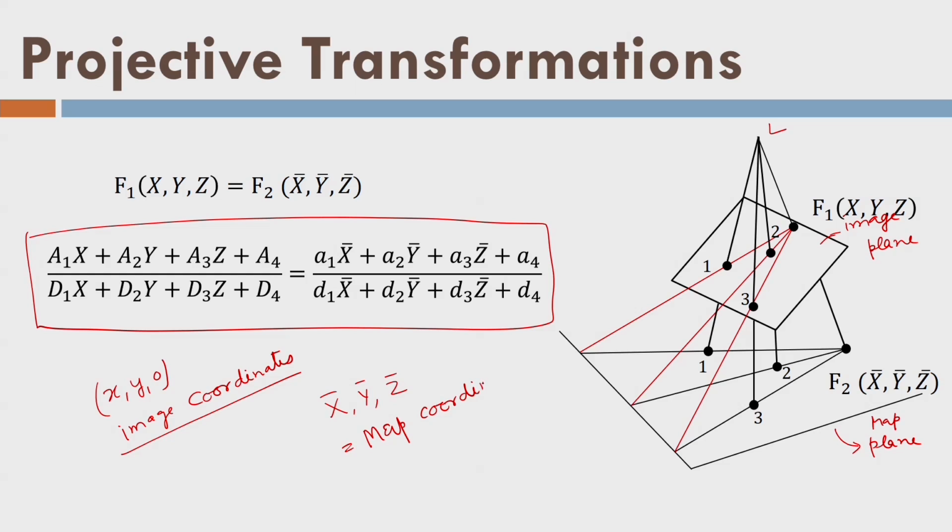So, let us say you are trying to correlate your image with a map. You find some common points which have these coordinates in the map and these coordinates in your image. This is the projective transformation because the image is one plane and the map is another plane.